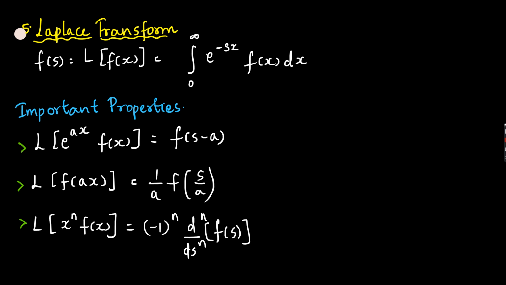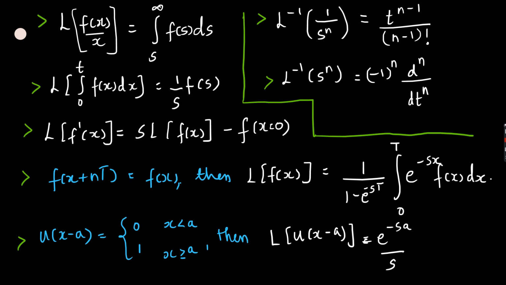You can check my videos on Laplace transform and Fourier transform, where I have explained the properties in detail, and here I have just given some of the important properties for Laplace transform. The first 3 are also important, and basically you will use all these properties. This f of x plus nT is for a periodic function, and f prime of x is for a derivative function.